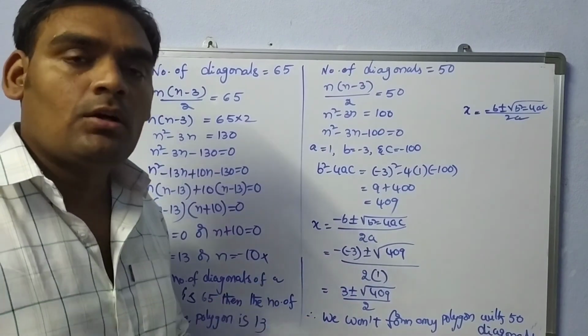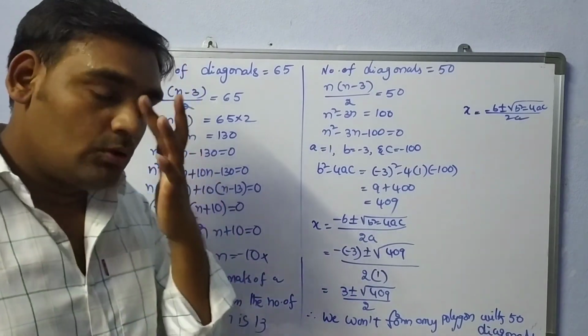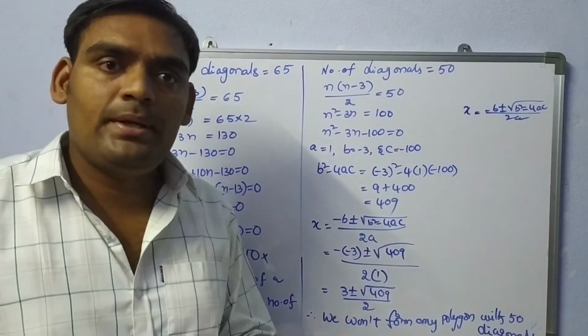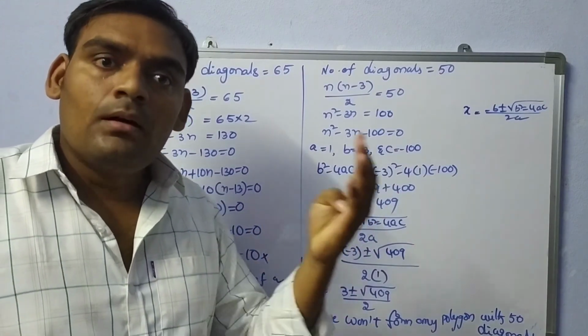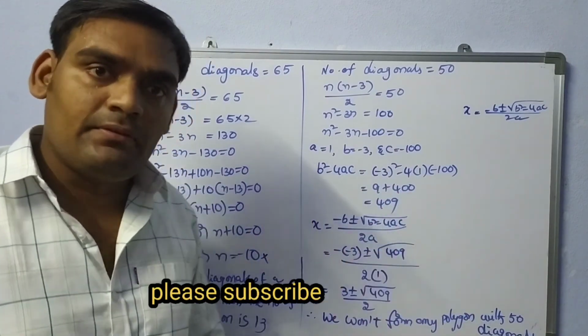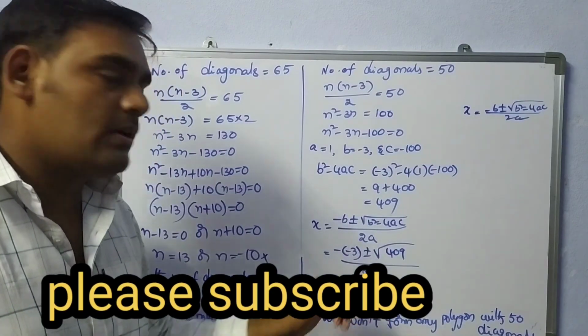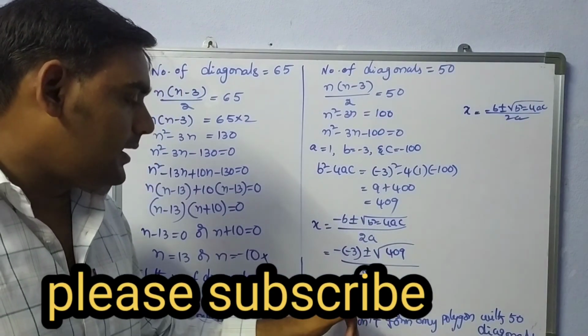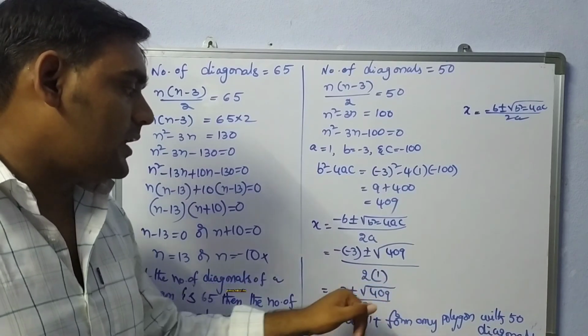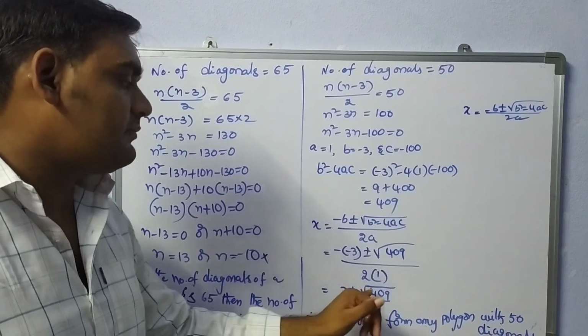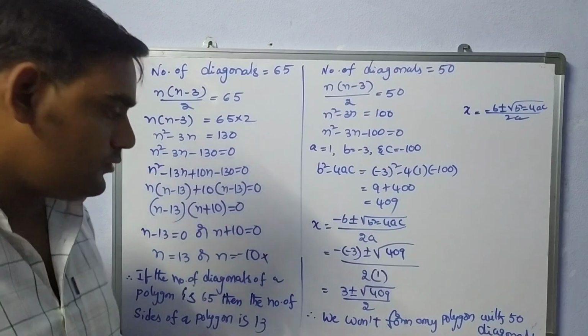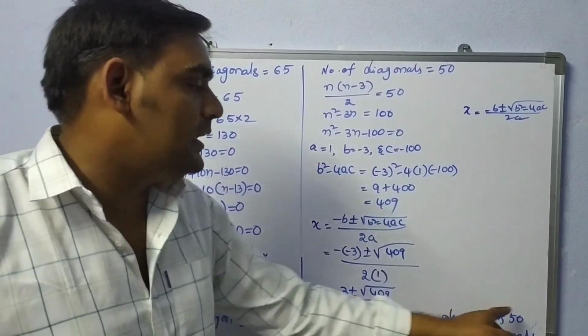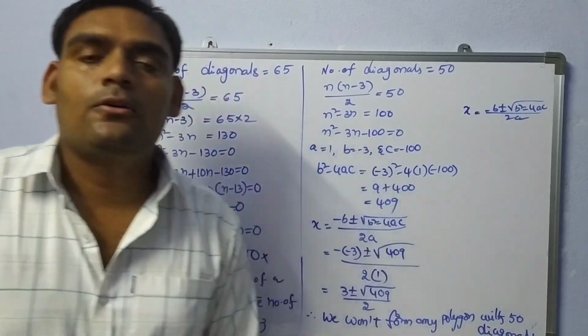Those are not whole numbers. The number of sides of any polygon will be like 3, 4, 5, 6, like that we will get. But here we can't write those numbers like this. 3 plus square root of 409 by 2, we can't write like that. 3 minus square root of 409 by 2, we can't write. So we can't form any polygon with 50 diagonals. Okay, thank you.